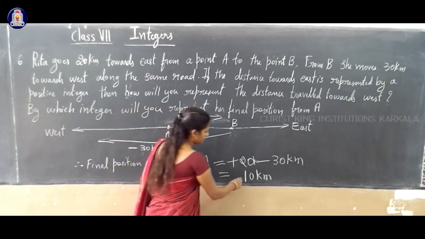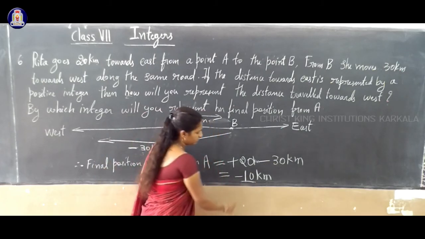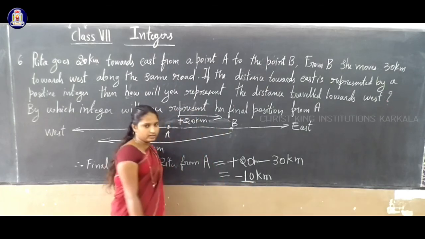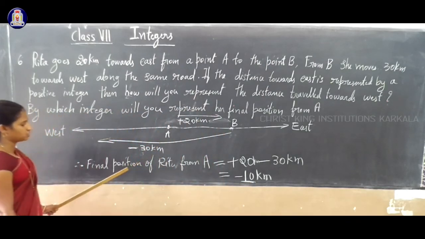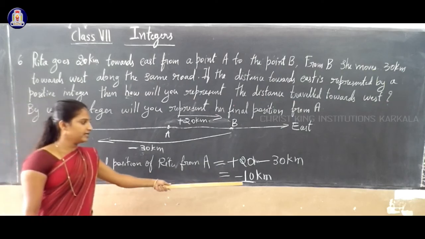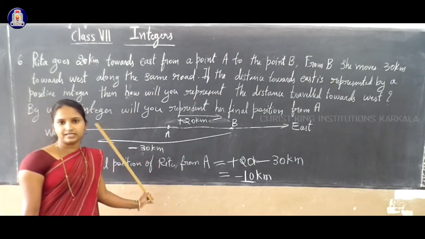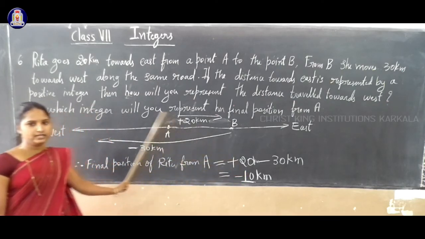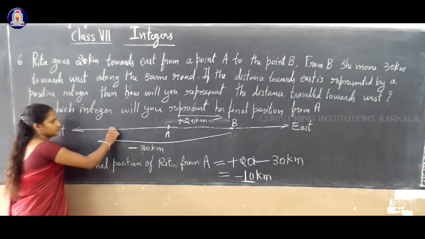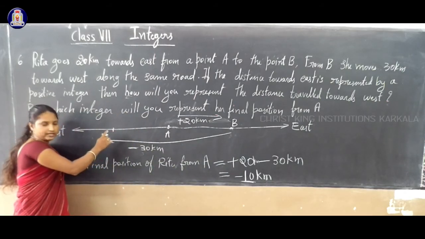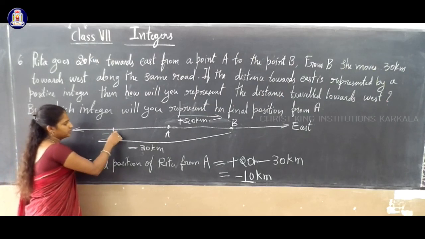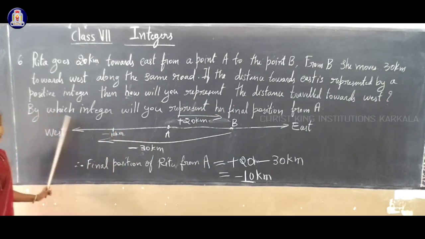So what is the answer? Minus 10 kilometer. So her final position from A is negative integer. So minus 10 kilometer, that we can see in negative integer, right? So minus 10 kilometer may be here. So that is the negative integer.